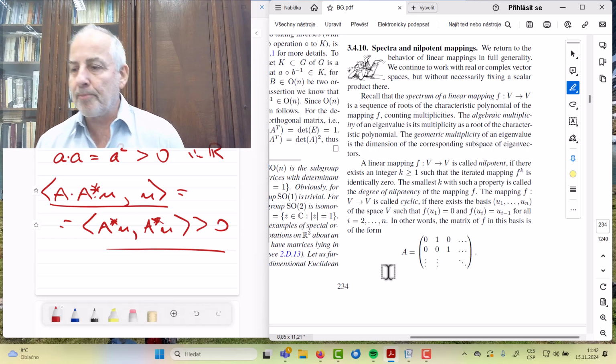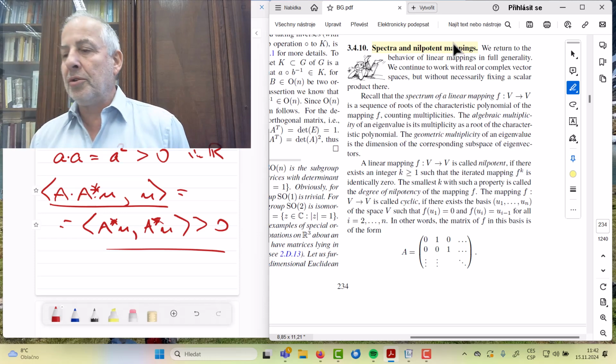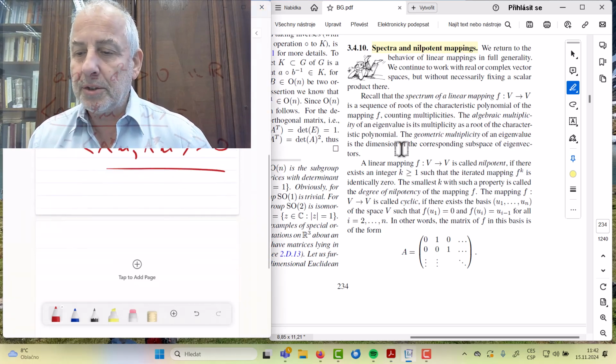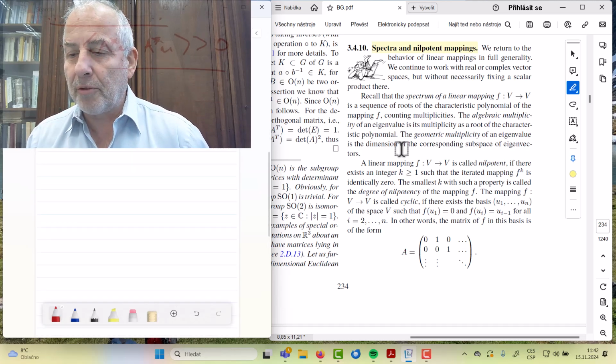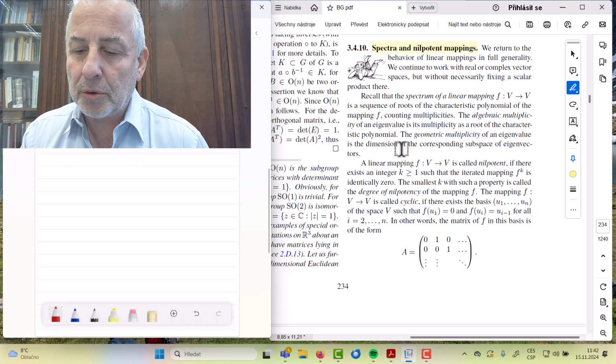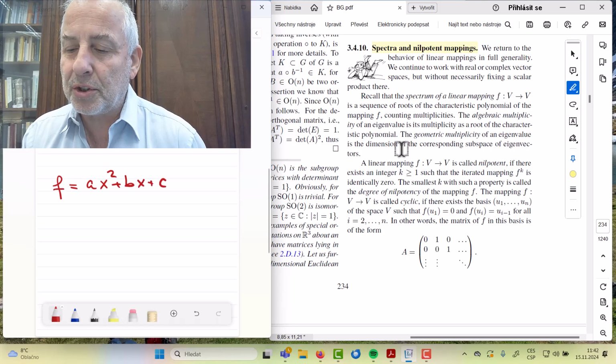That's what to do in the situation where you have something like, say, the derivative of polynomials, right? If you differentiate polynomials, so f would be, say, ax squared plus bx plus c.